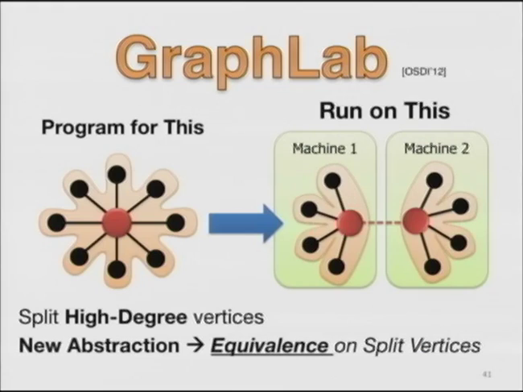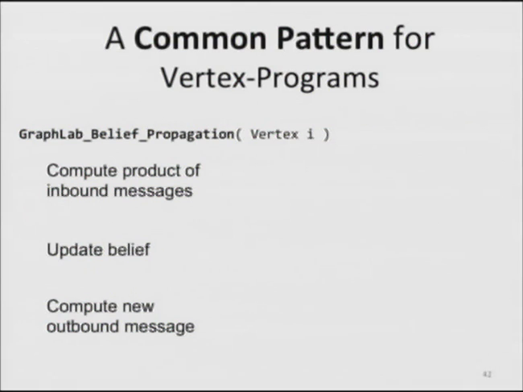So this is going to allow us to take programs that are written to live at a vertex and split that program itself across the cluster. And the way we do that is actually pretty straightforward. We're going to exploit a common structure in our algorithms, whether that's belief propagation, PageRank, connected components, Gibbs sampling. All of them have this standard pattern where the program living in each vertex begins by computing some statistic of its neighborhood, whether or not it's the product of the messages or the sum of the ranks of neighboring vertices.